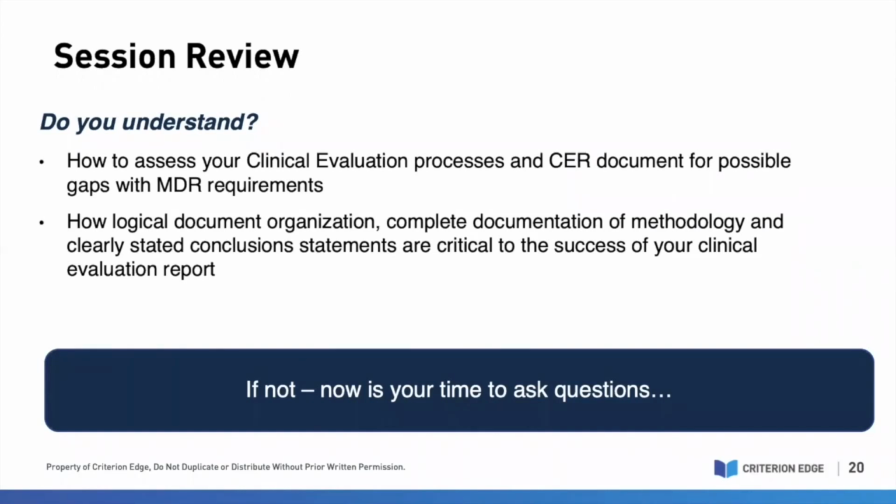Let's just say that the last time your CER was done, it was an MDD CER, and it was written in, let's just say, June of 2019. And now here it is a year later, and you want to update that. And the June 2019 literature search went back 3 years, let's say, from 2016 to 2019.